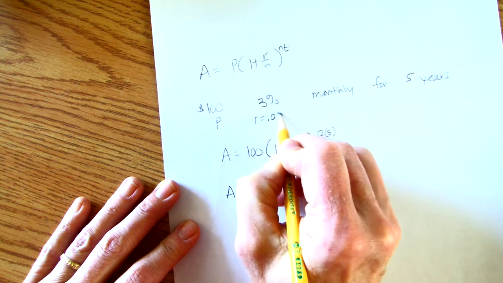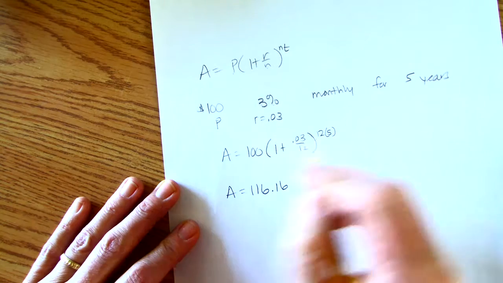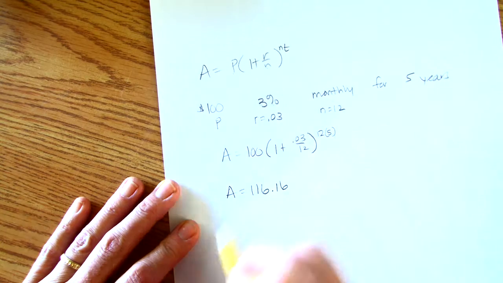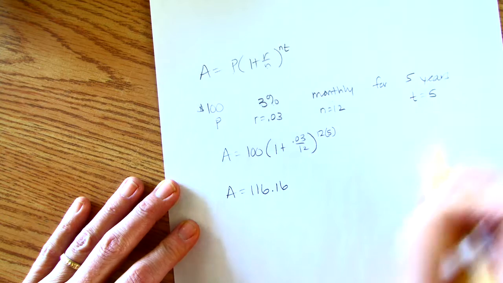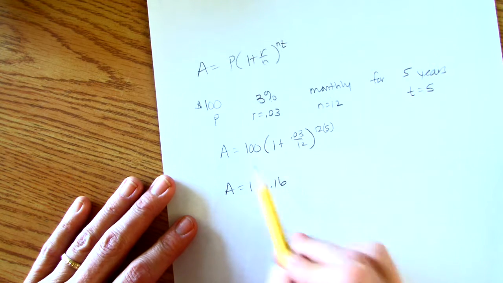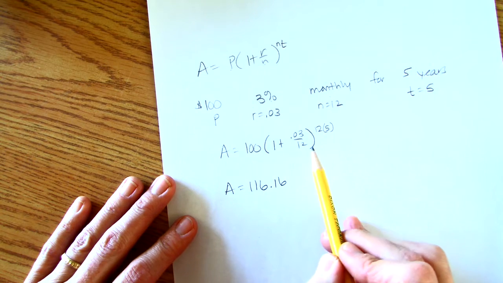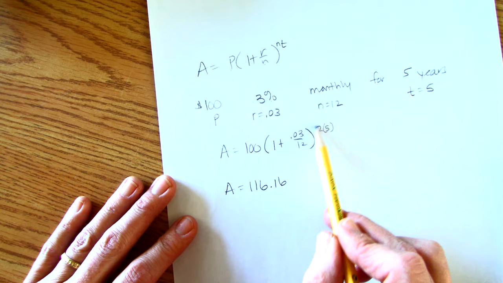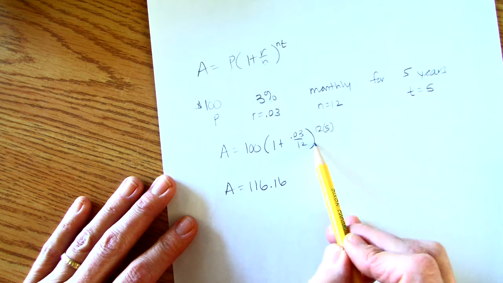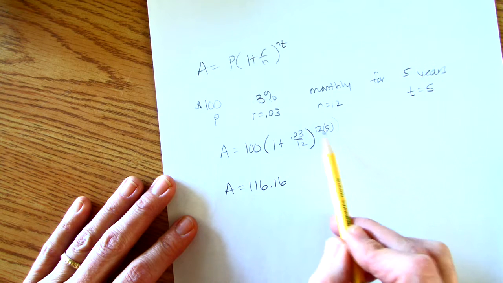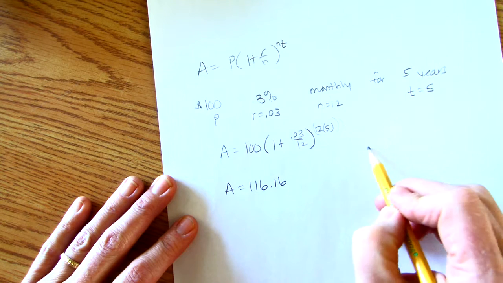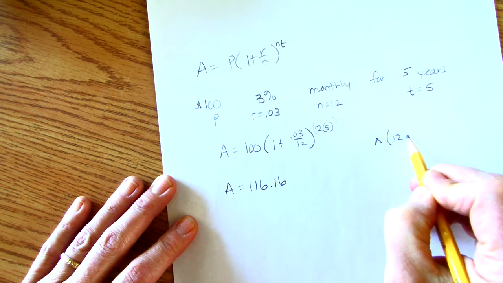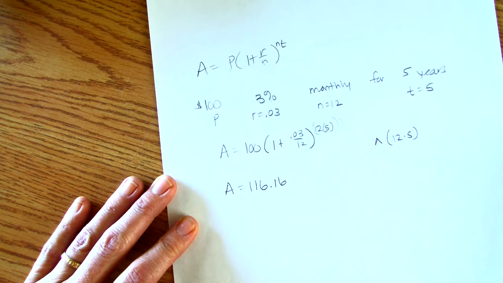My rate is 3%, expressed as a decimal. Monthly means n is 12, and 5 years, t equals 5. So you just plug all those things in. If you have a new operating system, when you go into the exponent, you can just do 12 times 5.